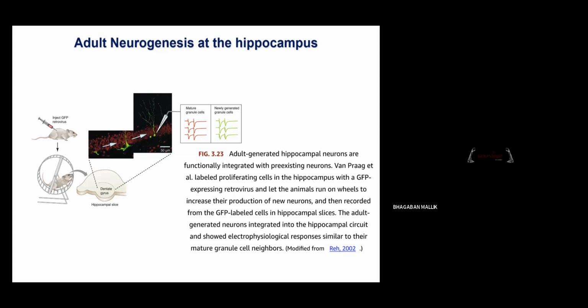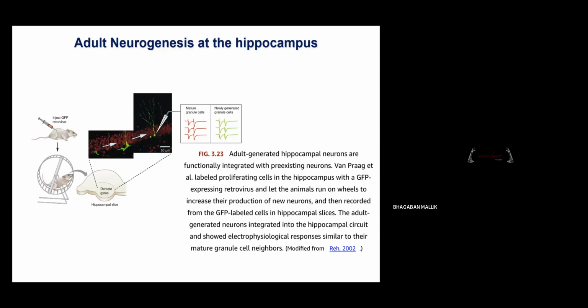Then we want to know whether, because of performing a certain task, new neurons are getting generated or not, and whether these neurons show properties similar to progenitor cells. As I mentioned, the hippocampus is the region where neurogenesis happens, and it is the center for learning and memory.